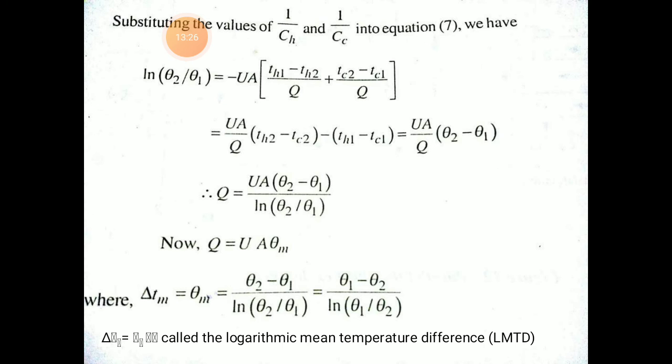This is the heat transfer analysis for a parallel flow heat exchanger. We can calculate the amount of heat transfer between two fluids by the formula UA into theta m.